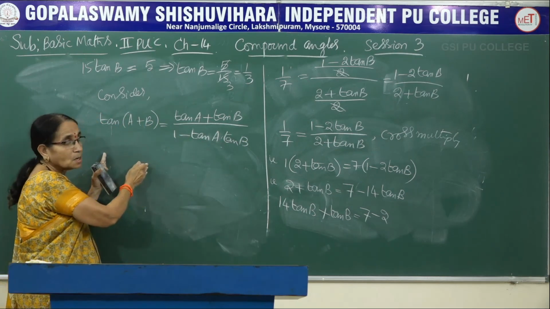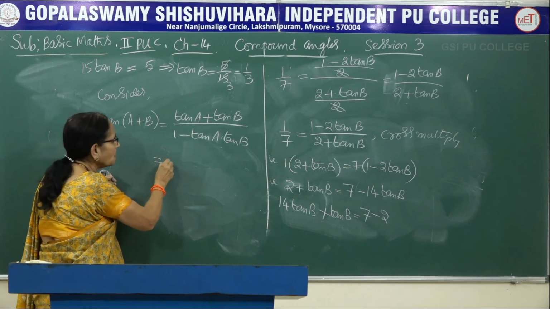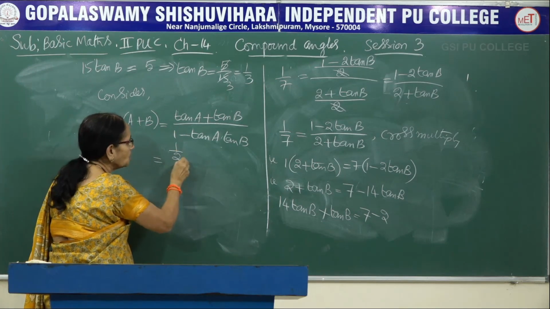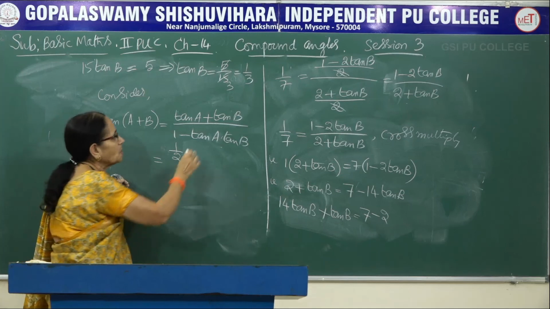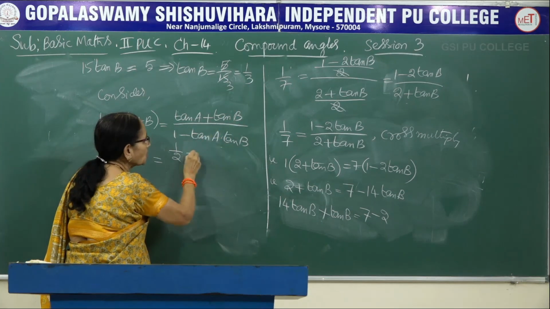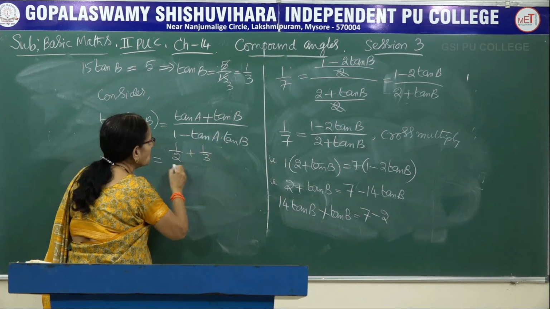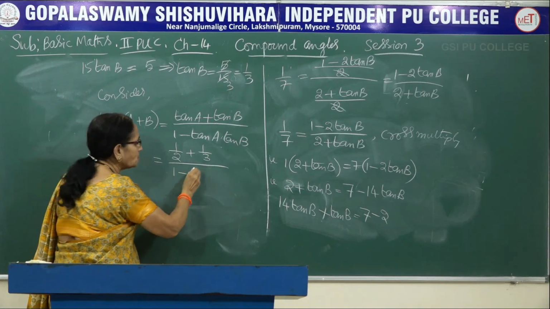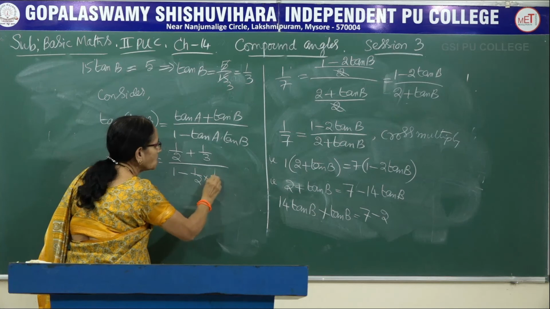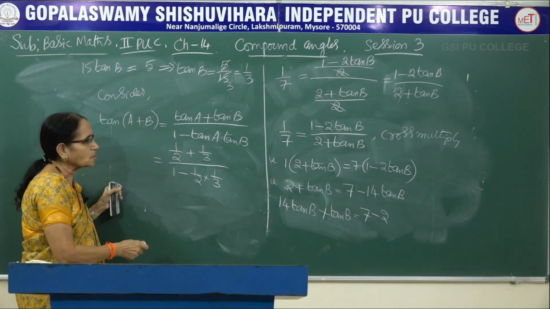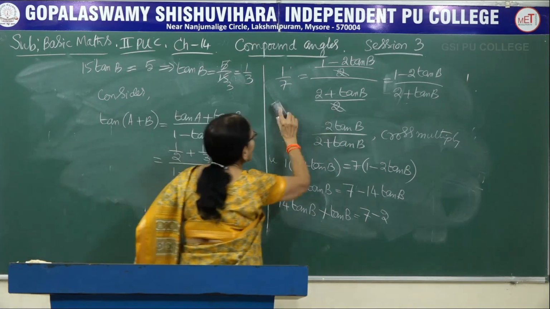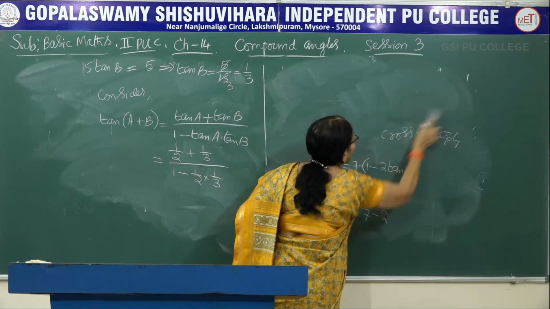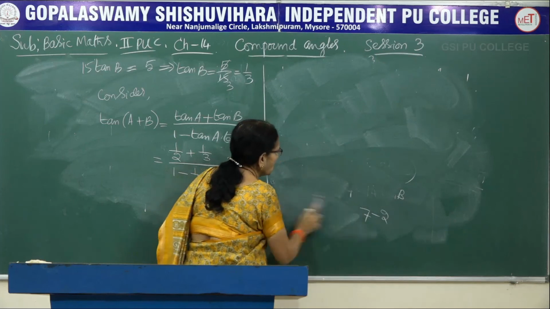So left hand side it's an unknown number, right hand side let me write the known values. Tan A was given to be 1 by 2, it's already given in the problem. Tan B just now we have calculated to be equal to 1 by 3. Write the denominator, 1 minus 1 by 2 into 1 by 3. So here again I am taking the LCM for the numerator and denominator on the right hand side.